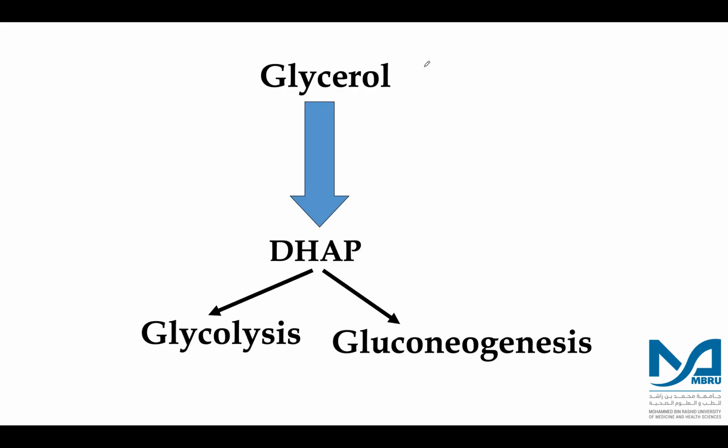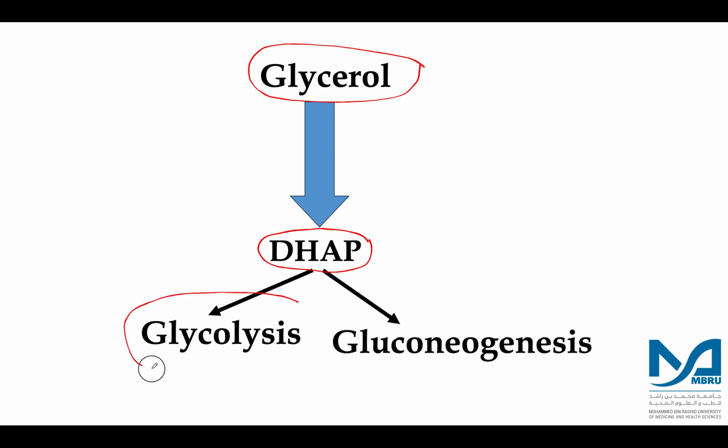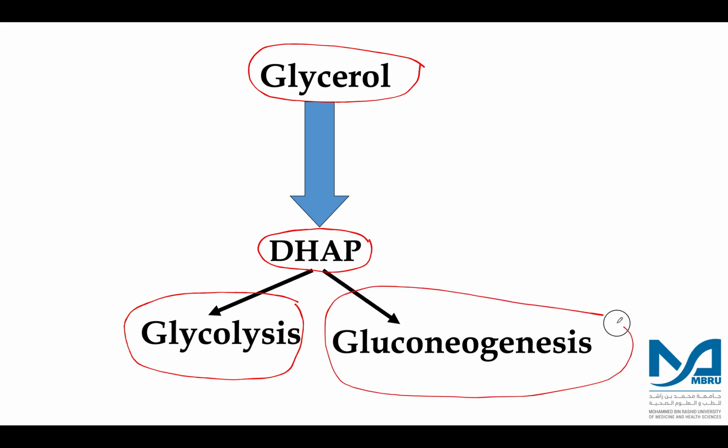So, to sum it up, glycerol derived from lipolysis in a two-step process is converted to dihydroxyacetone phosphate. Dihydroxyacetone phosphate, depending on the energy need of the cell, may undergo glycolysis or gluconeogenesis. Will I need to remember these two steps?